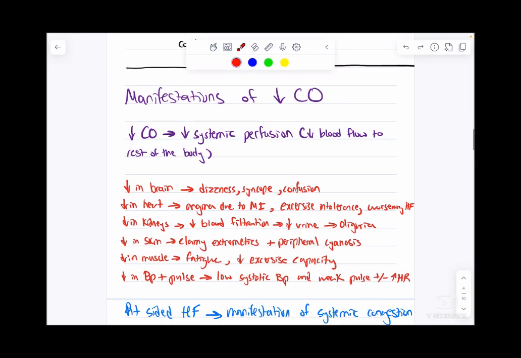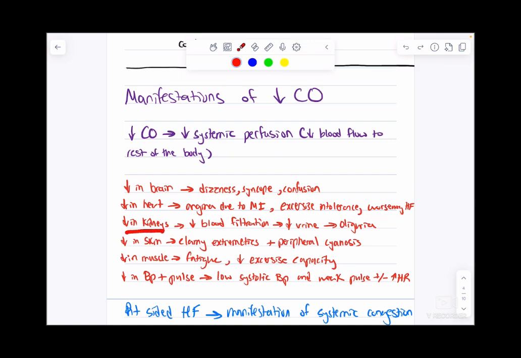If we have less blood going to the brain, we have dizziness, syncope, confusion. If we have less blood going to the heart, we have possibly angina due to myocardial infarction, due to decreased oxygenation of the cardiac muscles, exercise intolerance, obviously, worsening heart failure if the patient has heart failure.